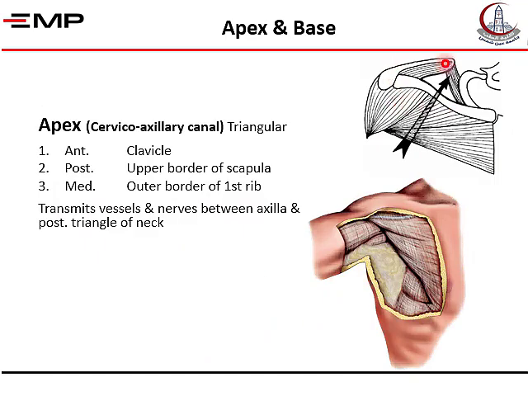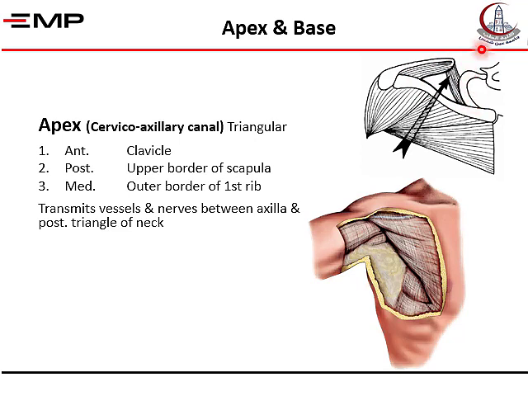The apex is a triangular opening called the cervico-axillary canal. Here it is. It leads from the axilla to the posterior triangle of the neck. Anteriorly, it is bounded by the clavicle, posteriorly by the upper border of the scapula, and medially by the outer border of the first rib.